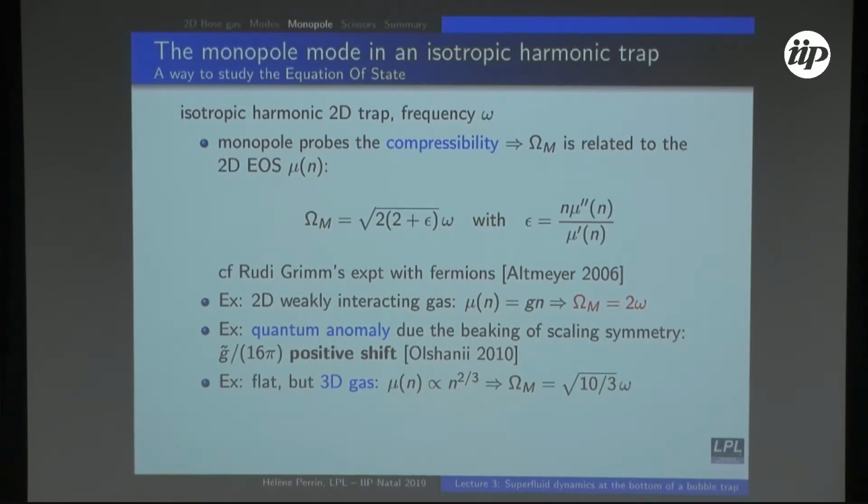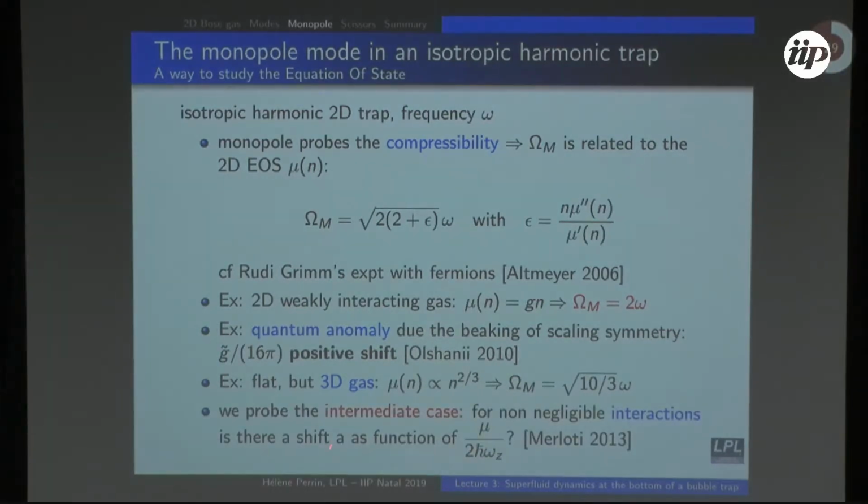If you do so, the monopole mode for the transverse directions is square root of 10/3 omega, because the equivalent equation of state, when looked at in the 2D plane, meaning you integrate out the 3rd direction, scales like n to the power 2/3. So again, this works with this formula.